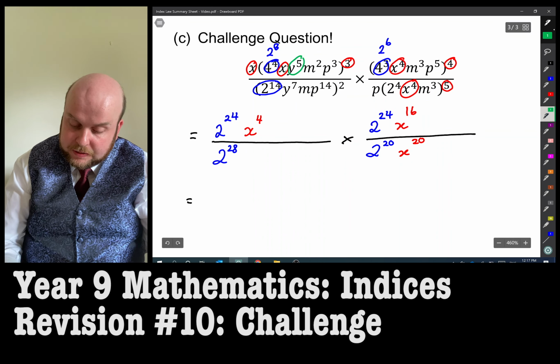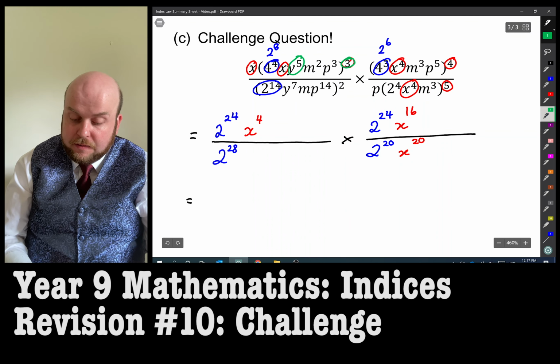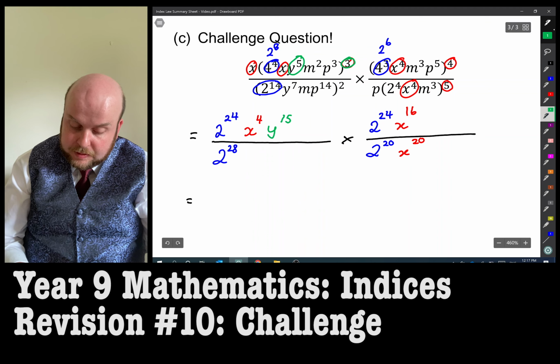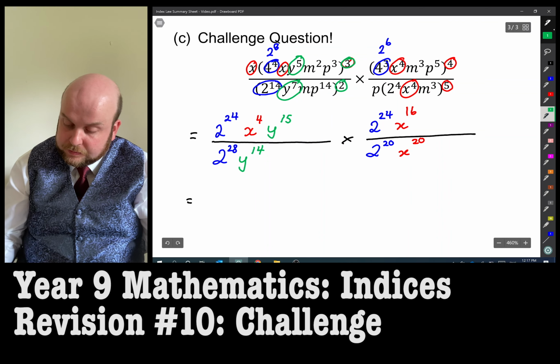The y's. y to the power of 5, to the power of 3, so that's going to make that 15. There's 1 at the bottom here. y to the power of 7 times 2, which is 14. There are no y's on the right-hand side.